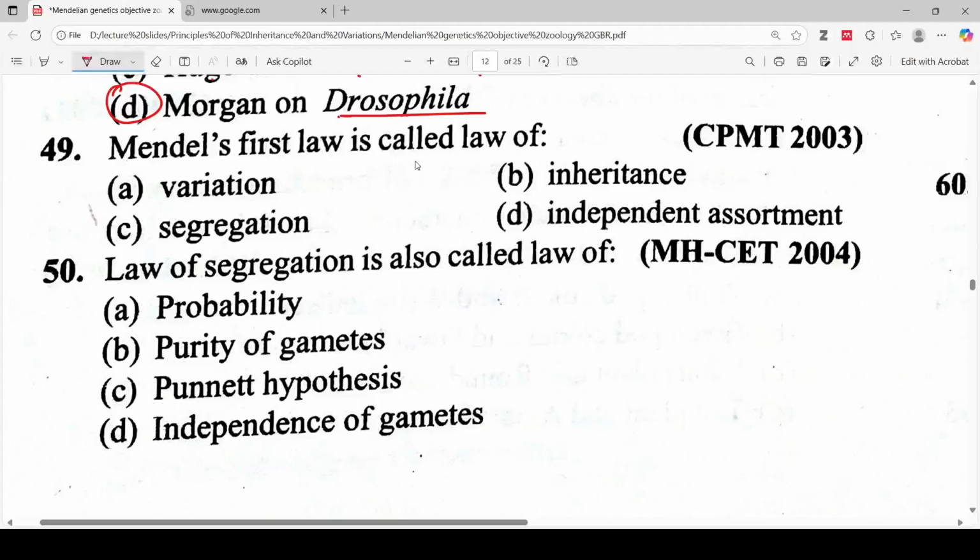Mendel's first law is called law of independent inheritance or segregation. So the correct answer will be option C, law of segregation. Next question.